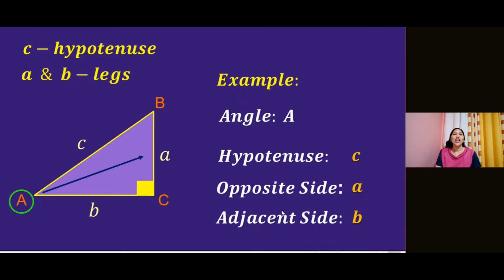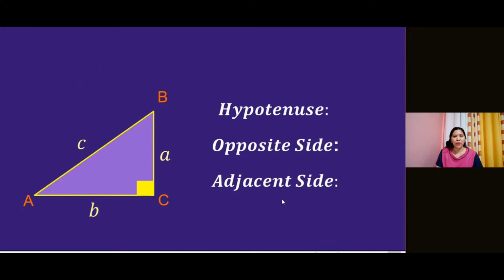All right, let's have another example. How about if I'm going to change my angle of reference to angle B? Try to consider this angle. Does your hypotenuse change? It's not. It's still the side C. So you have here, hypotenuse is C.